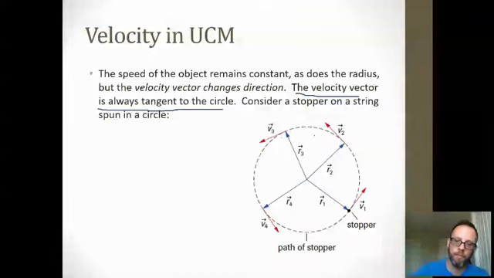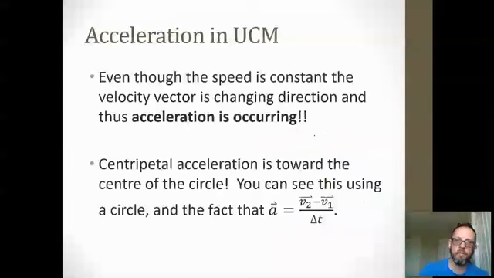And the consequence of this is that even though the speed is constant, because the velocity vector is changing direction, we have acceleration occurring. So remember, acceleration is a change in velocity over change in time, and the velocity is changing. The speed isn't, but the direction is.